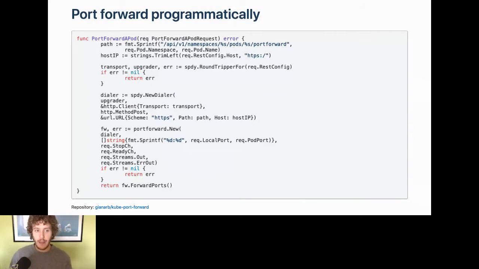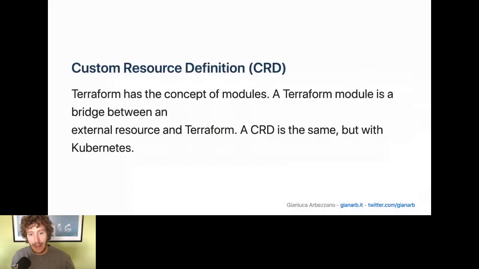But in some way, if you use Terraform, you know the concept of modules, so you can bridge Terraform with the API that you want to use. There is even a Terraform module to order a pizza on Domino's, I presume. And you can do the same as a CRD.